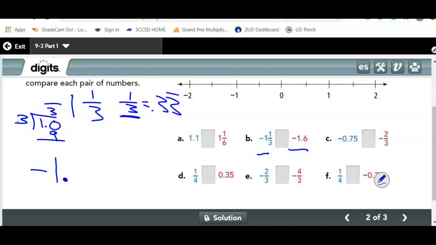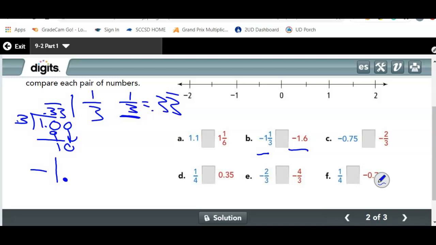We get 9. 1, add a 0. 3 goes into 10 3 times. This is what I need for you to show me to prove your answer. On your test, if you don't give me this part right here, you're not going to get your work shown points.